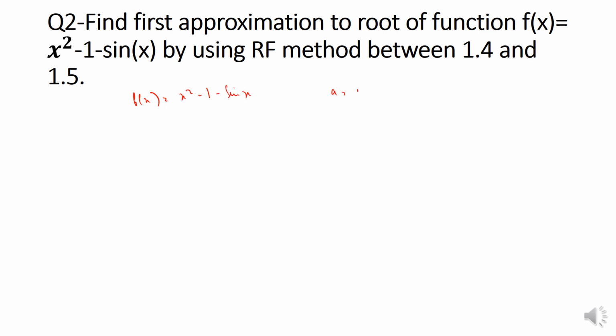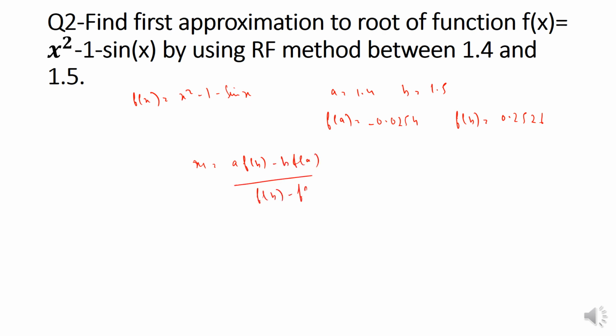Now a is 1.4, b is 1.5. f of a is equal to minus 0.0254 and f of b is equal to 0.2526.